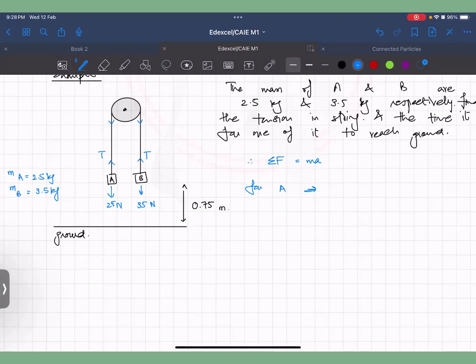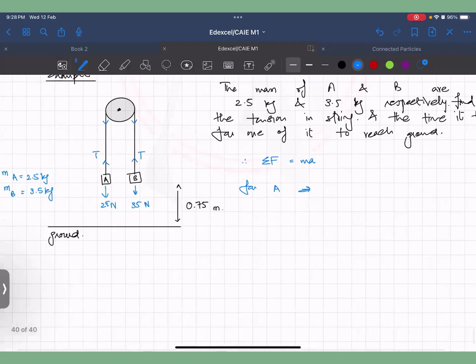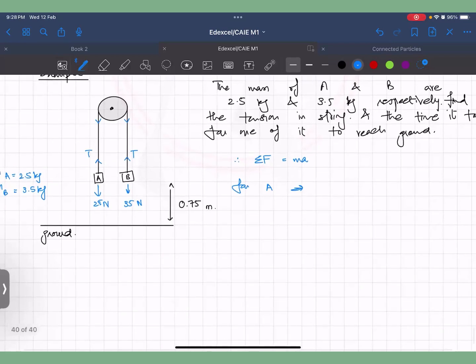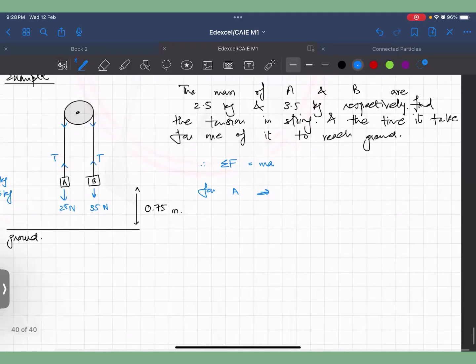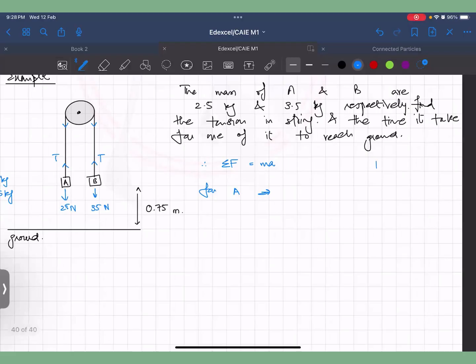Even if you make the wrong assumption, you will get the right answer, but the direction would be the opposite of what you've taken. The assumption here is very simple and logical: B is heavier, it is 35 Newton, so B would go down. So B is going down.